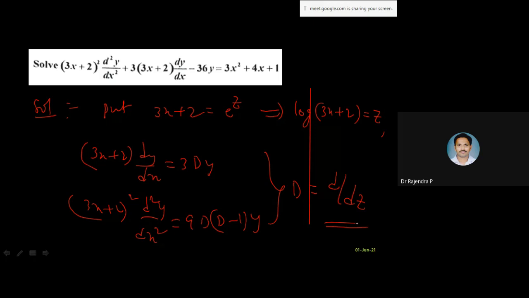Have you got these things? Yes, sir. Initially we proved for one term, how we got it in general. We are applying the same thing for all other terms. So I ask you to remember these things as a formula, right? Good.